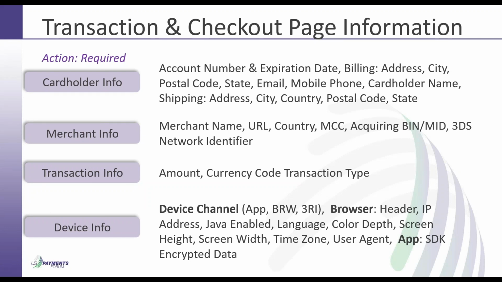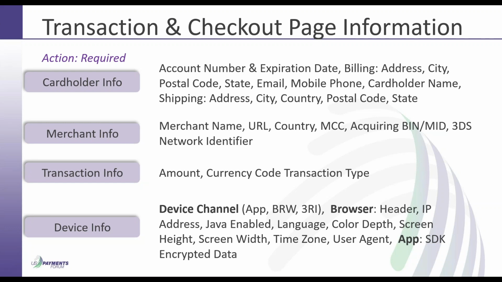So the first bucket we'll go into in more detail is the transactional and checkout page information. Most of this information is either required or conditionally required, which basically means it's required unless it's not available. If you look at cardholder information, the account number, which is the credit or debit card, the expiration date of that card, and the billing address, city, postal code, and state can all be passed.